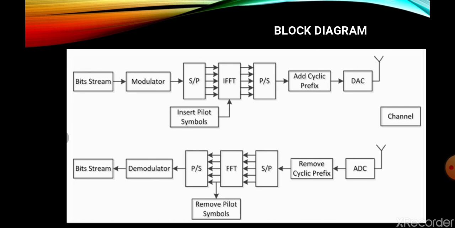Next, the data, after it's been converted to the time domain, goes through a parallel to serial conversion again, because it has to be transmitted through the channel, and before transmission there's something called the cyclic prefix.